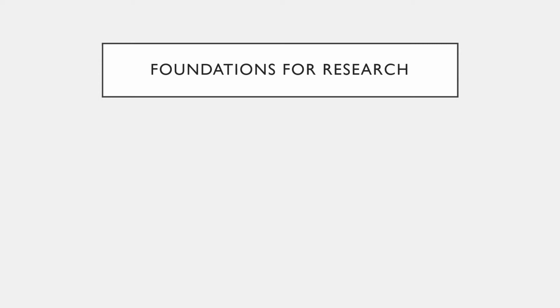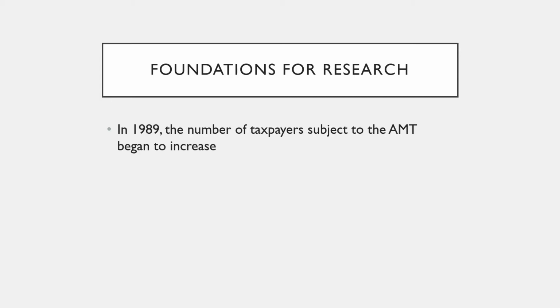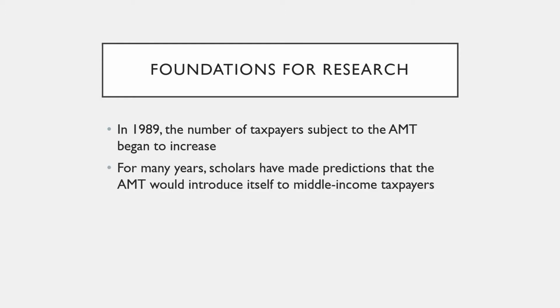So for my foundations for research, I looked at a bunch of articles that dealt with the alternative minimum tax, the middle class, and the increases in the alternative minimum tax. So in 1989, the number of taxpayers subject to the AMT began to increase. From 1989 through 2017, there was also an increase in the number of middle income taxpayers in the U.S. For many years, scholars have made predictions that the alternative minimum tax would introduce itself to middle income taxpayers.